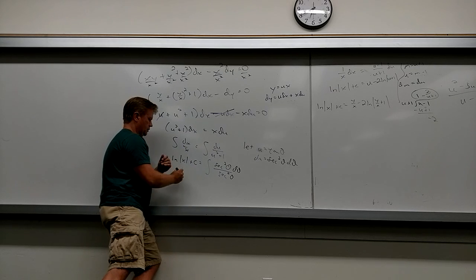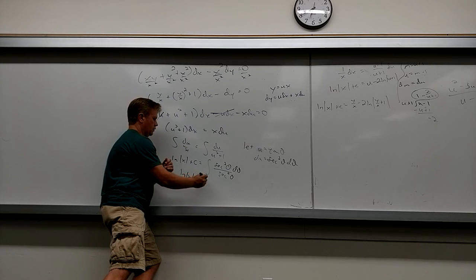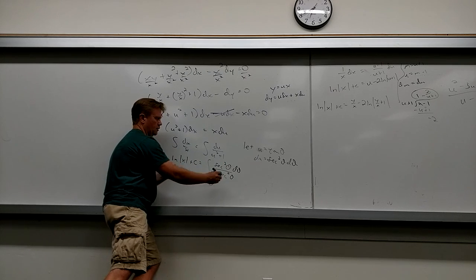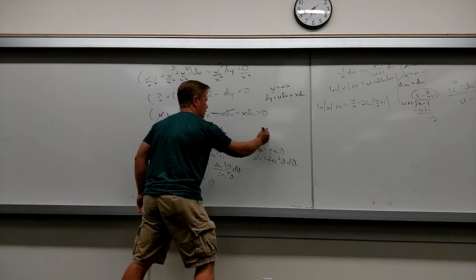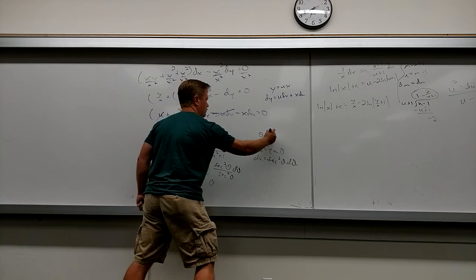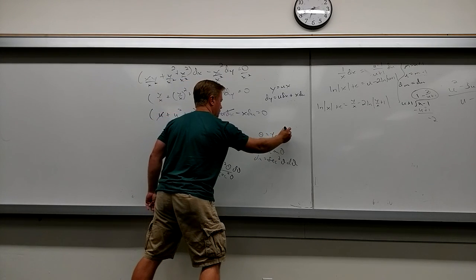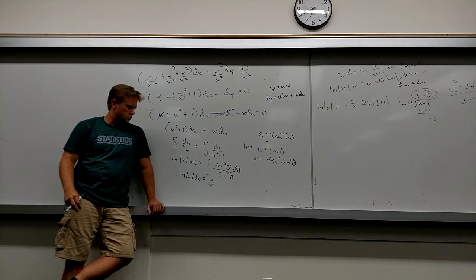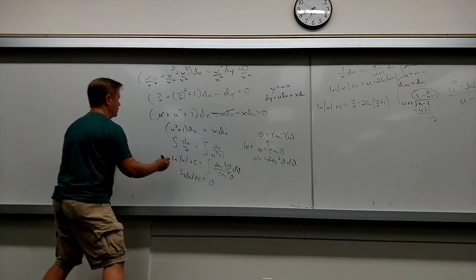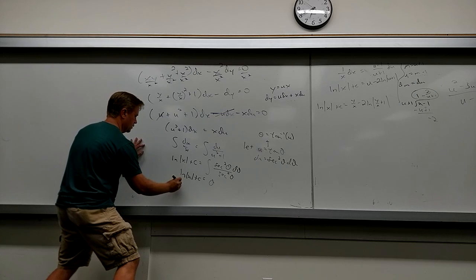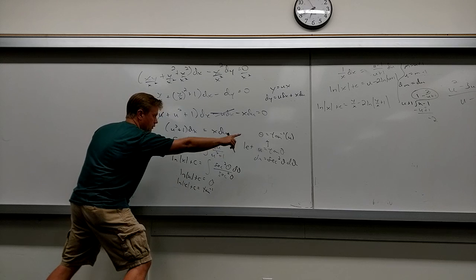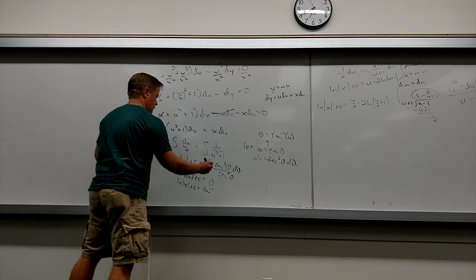So you get natural log of x plus c equals the integral of 1 d theta, which is theta, and theta is inverse tangent, I like it, or arctangent if you enjoy writing more letters. So that means natural log of x plus c equals arctangent of u, and u was y over x.